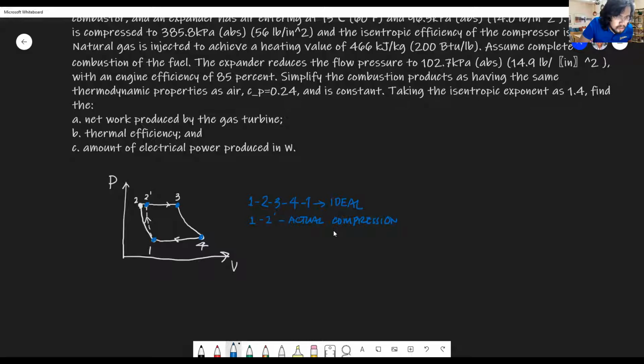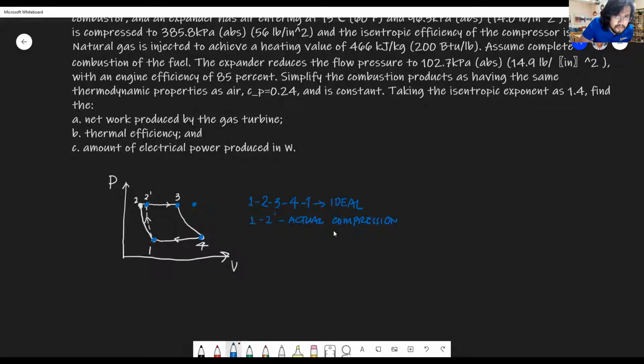and then you see there's an actual thermal efficiency. So it so happens that we have a 3 prime over here.